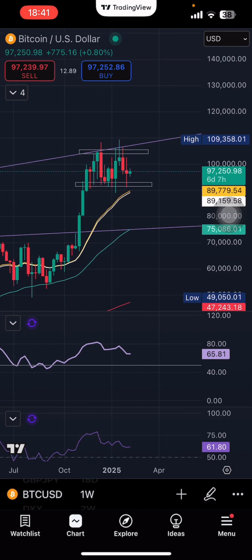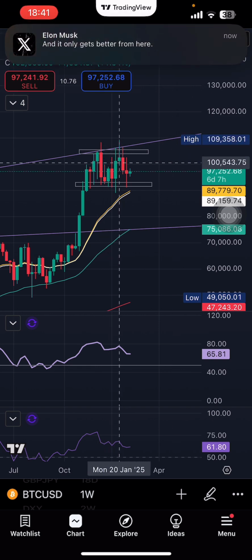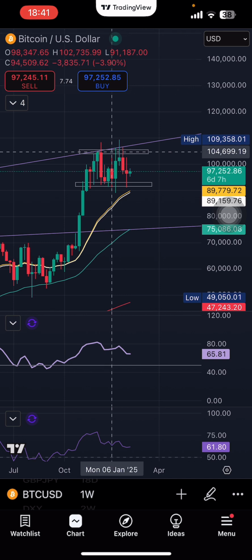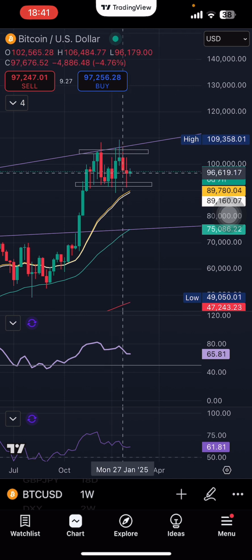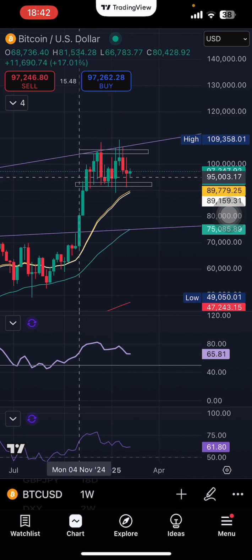So we have support and resistance. For higher time frame, I like to draw from the body, and for lower, I like to draw from the wick. So we have about 6 here, and we have about 9 here, or 10.